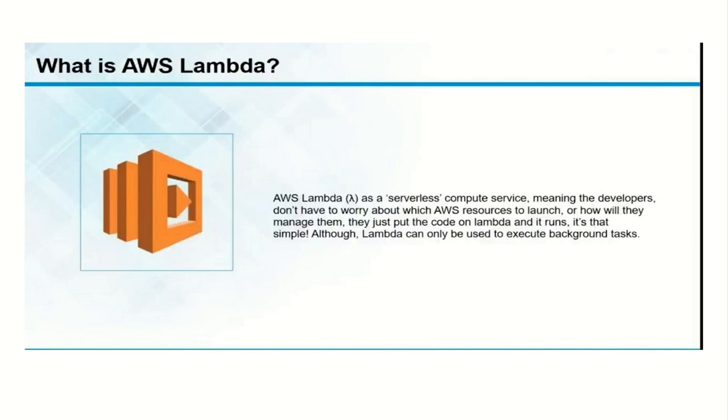It is that simple, right? And as mentioned in the definition, and as I told you again, it is used to execute background tasks. It is not used to deploy an application. This is the main difference between Elastic Beanstalk and AWS Lambda. AWS Lambda is used for background tasks. Elastic Beanstalk is used to deploy our application.